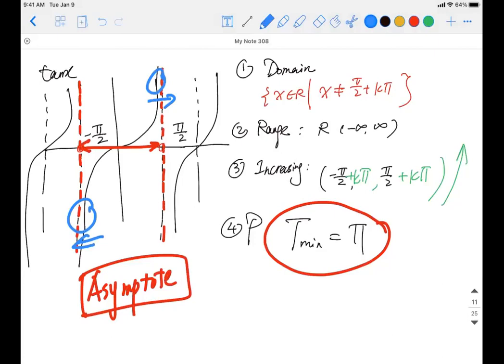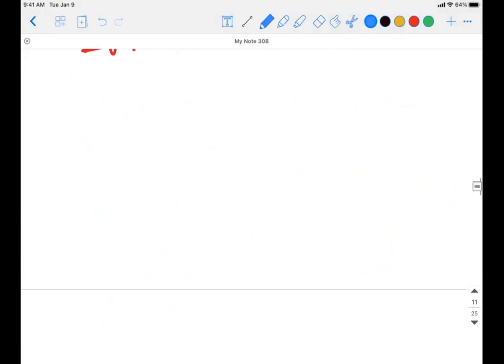So let's take this opportunity to talk about the periodic function, because you won't be able to see another periodic function besides trigonometry in high school territory.